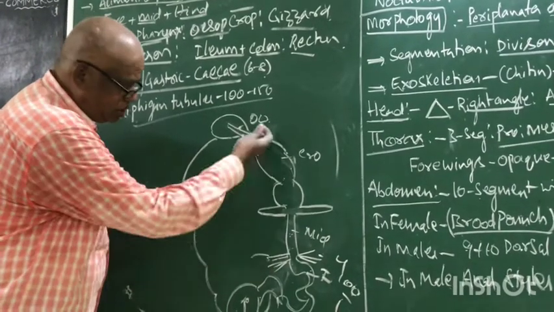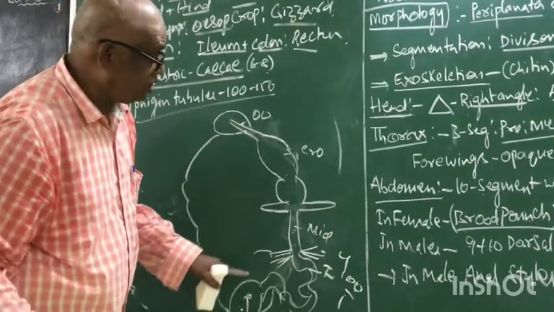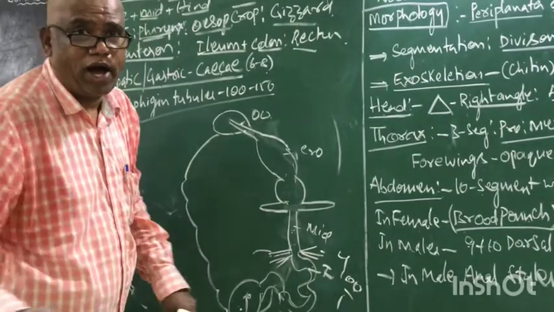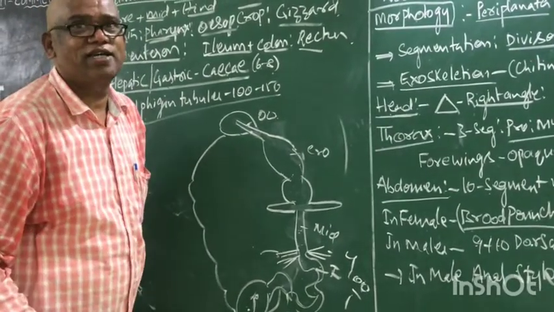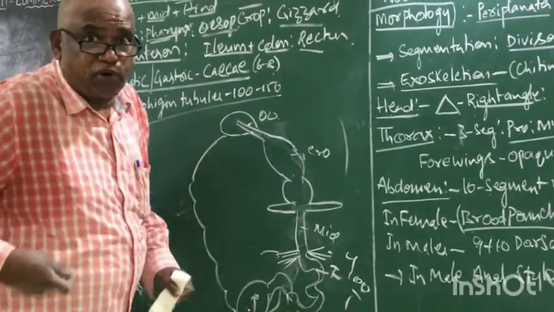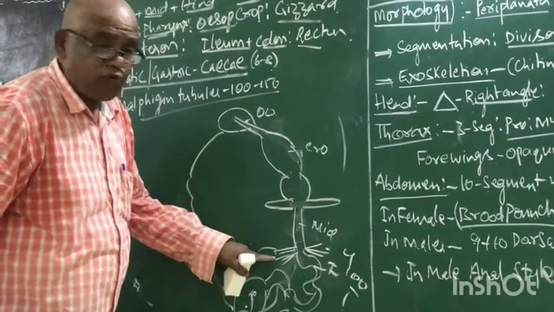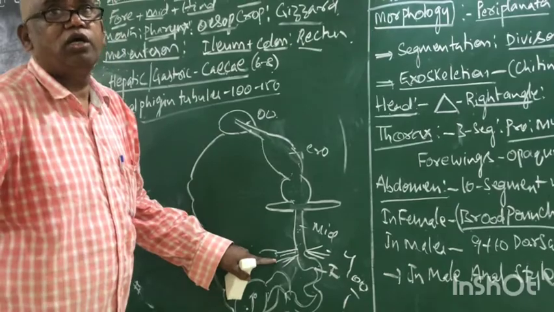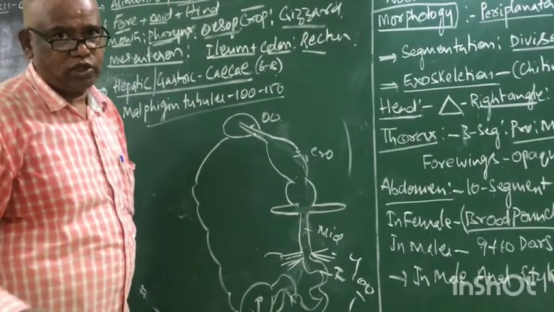It is attached to the alimentary canal, hence they may think it helps in digestion. But it is an excretory organ. Just as our kidney performs excretion, in cockroach the Malpighian tubules perform excretion. Now this is about the digestive system. The next one.